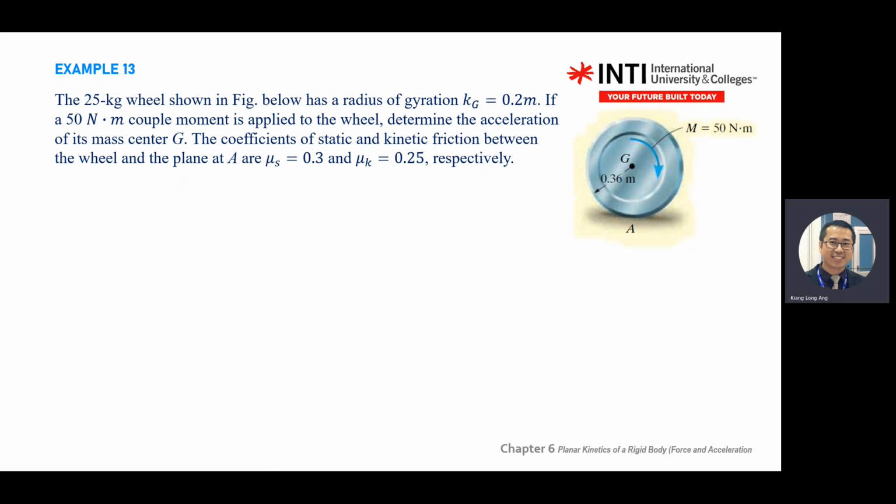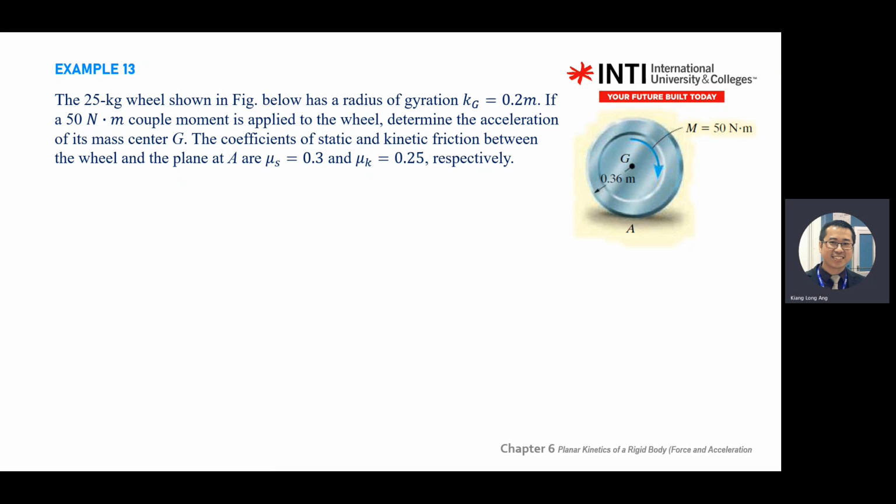So you have a round body and then you have an additional moment added to the body. So you need to add one more moment in your calculation. And then the radius was given, mass was given, radius of gyration kG was given.